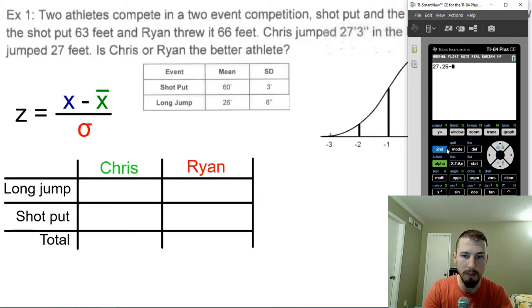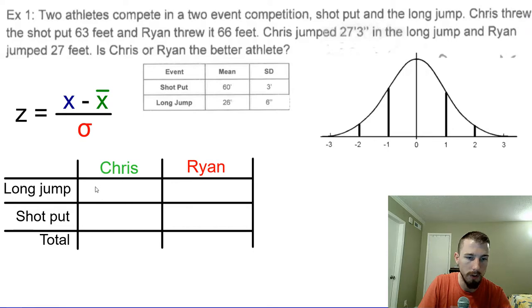Observation minus the mean for long jump, which was 26 feet, and then we divide that by our standard deviation for long jump, which is half a foot, 0.5. Careful, because we have to use feet for our units. So that's 2.5. Chris, for the long jump, had a z-score of 2.5. Do the same thing for Ryan's long jump and the shot put, then add them together. I'm going to let you do that on your own.